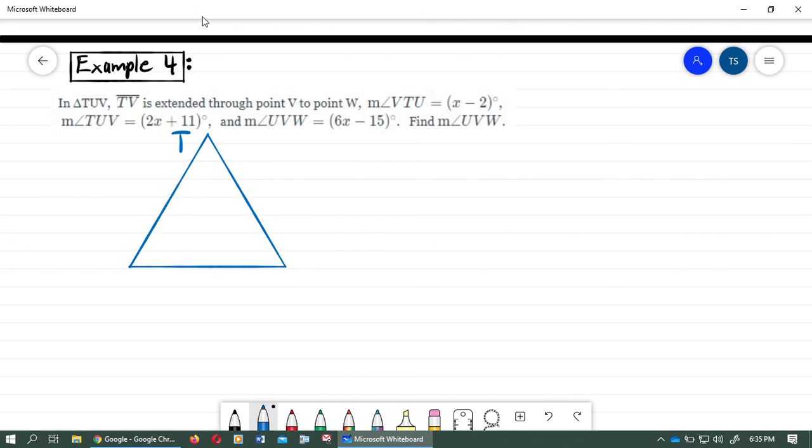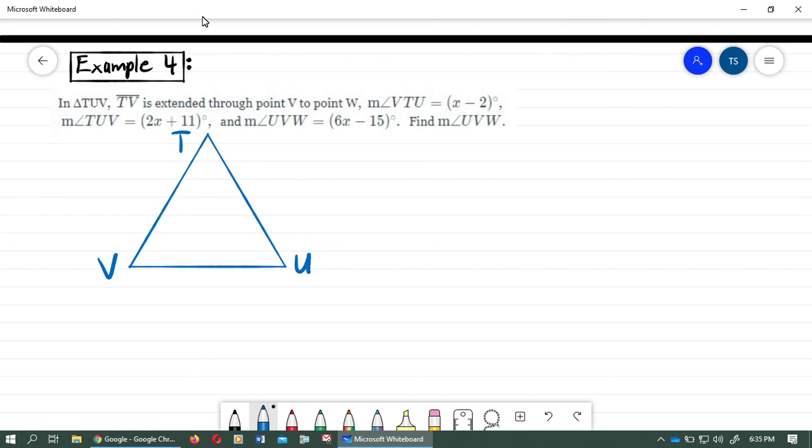It does not matter, as long as you label the 3 points of whatever type of triangle you draw. You could draw an obtuse triangle, an acute triangle, or a right triangle. It isn't going to matter. Just draw a triangle and label the 3 points. So there's triangle TUV.